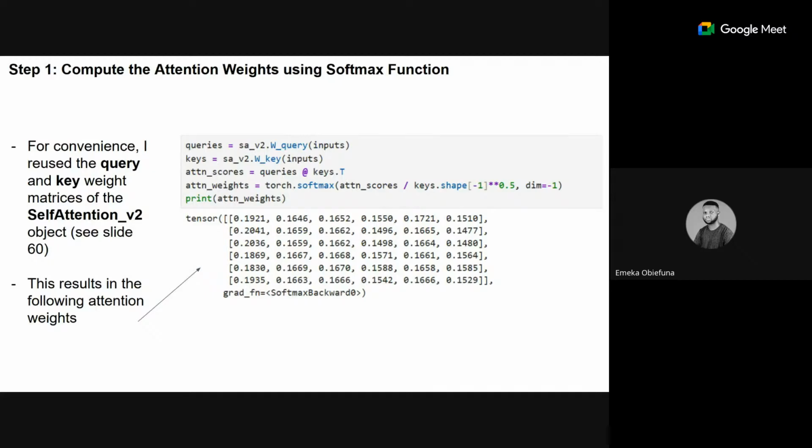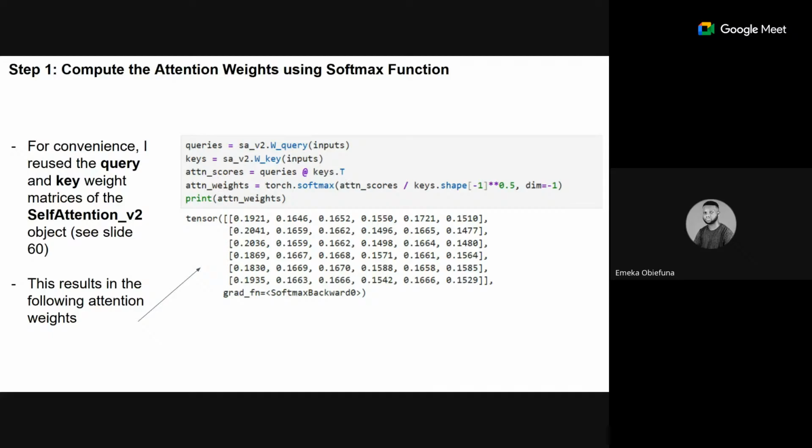So let's look at the first step. The first step here is that we need to compute the attention weight using our softmax function. Like I mentioned here, for convenience, I'm reusing the query and the key weight matrices from the code I showed earlier, the self-attention version 2.